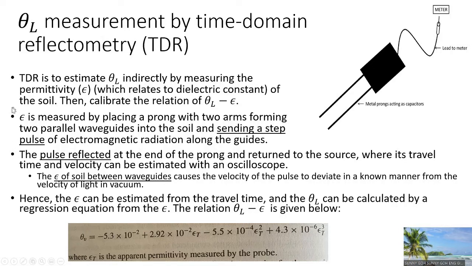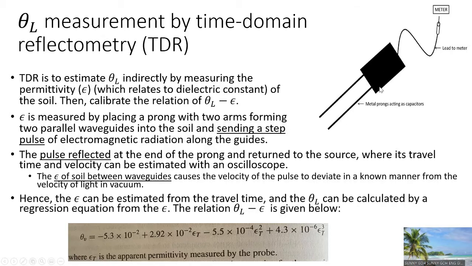Permittivity is measured by placing a prong with two arms, forming two parallel waveguides, into the soil.